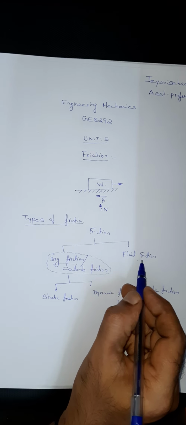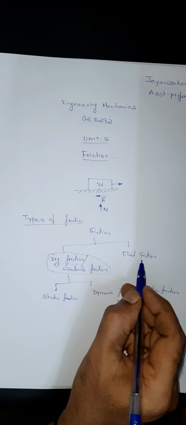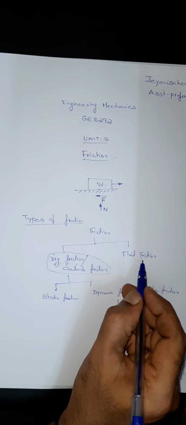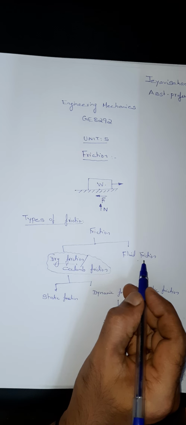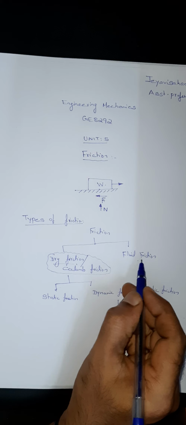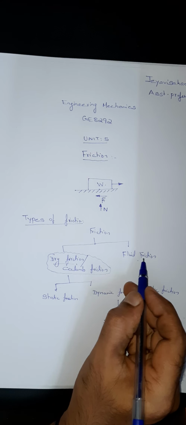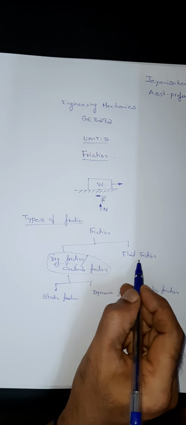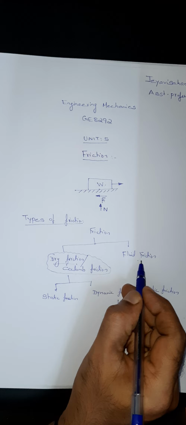Let me cite an example for fluid friction: friction developed in the machine parts having the lubricant. For an example, the gear assembly in the vehicle, where the gears mesh together in presence of oil. So that's an apt example for fluid friction.